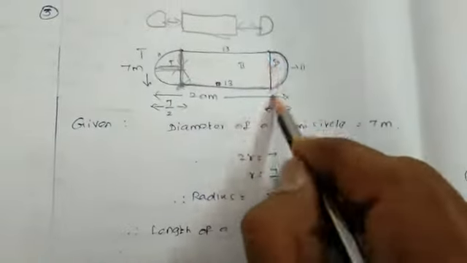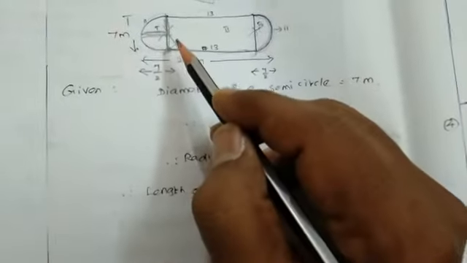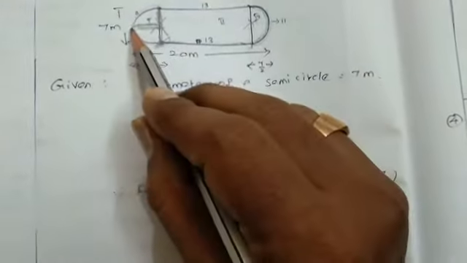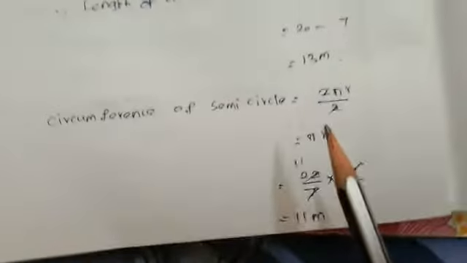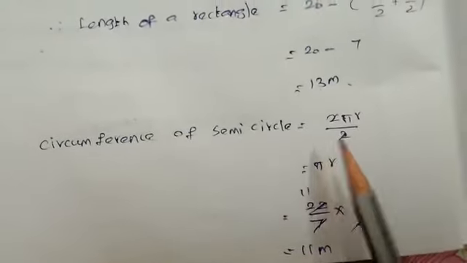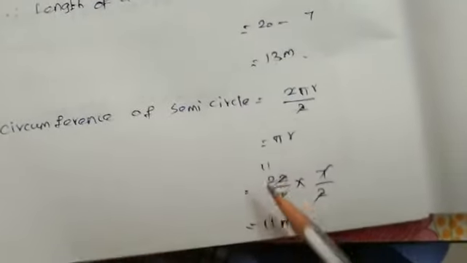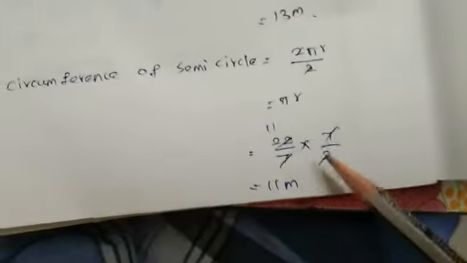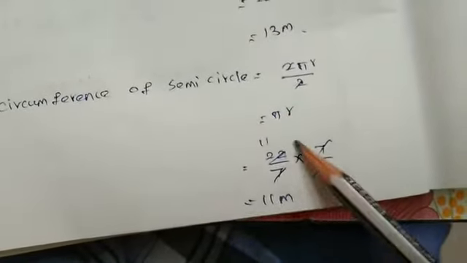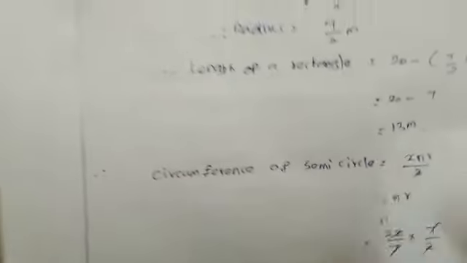This length and this length are equal, so if you have one answer, you can use it for the other. The circumference of a circle is 2 pi r, but for a semicircle it is divided by 2, half of the circle. So it cancels to pi r. Pi value is 22 by 7, and r we already have as 7 by 2. Substitute: cancel 7, and 2 and 22 cancel. So 11 meter. Now the curved length of each semicircle is 11 meter.